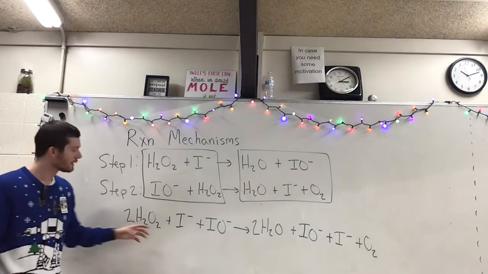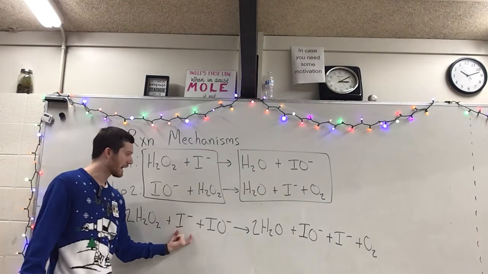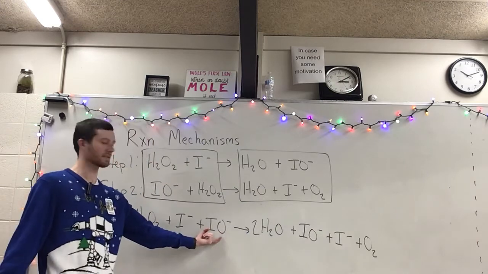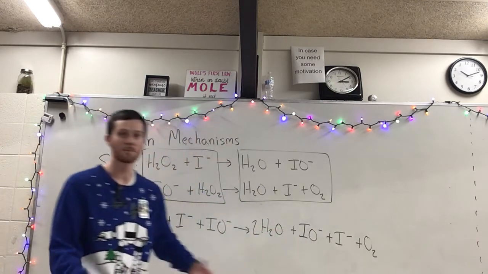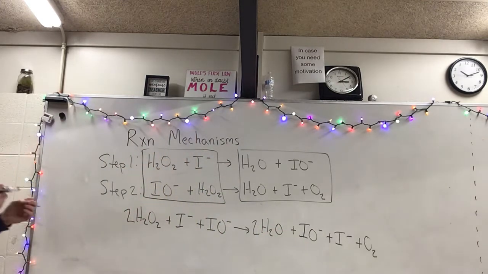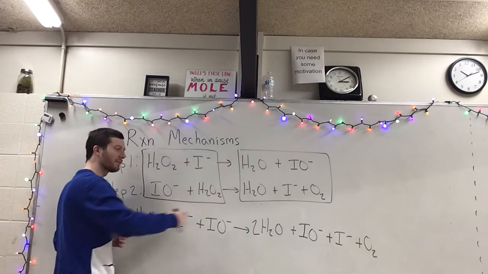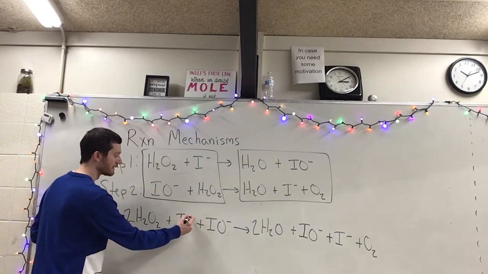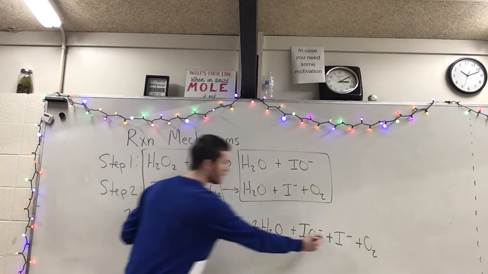If we notice, you've got an I minus on the left side and an I minus on the right side. You've got an IO minus on the left side and an IO minus on the right side. Just like in algebra, you're going to cancel something if it's on the left and the right side of a reaction. Or you can even think of it like an equation now. You cancel the spectators. This I minus is going to cancel on both sides.